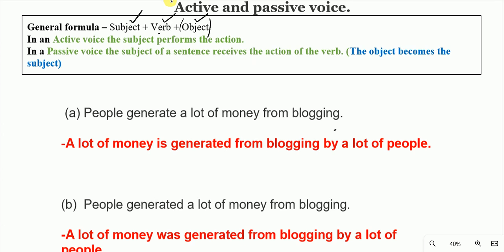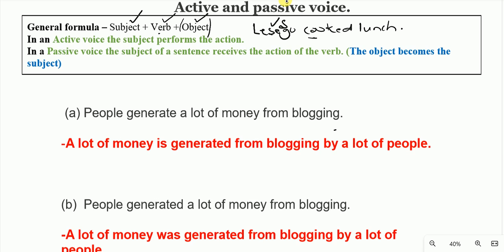In an active voice, the subject of the sentence is performing the action. For example, I can say, Lesego cooked lunch. It's a very basic, simple sentence, right? Lesego is the subject performing the action.